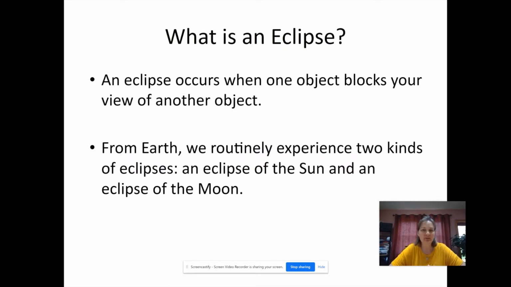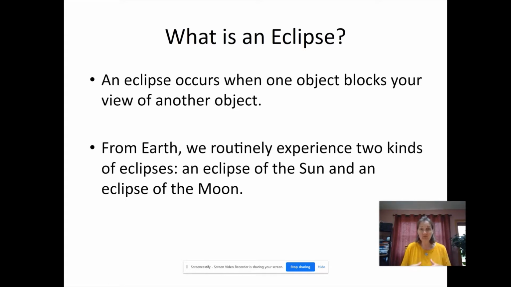So an eclipse occurs when one object blocks your view of another object. From Earth, what do we see in the sky that could possibly be blocked? And then what could block our view? Of course, clouds can sometimes block our view of the sun, the moon, the stars, but we don't typically refer to clouds as causing an eclipse, just so we're clear on that.